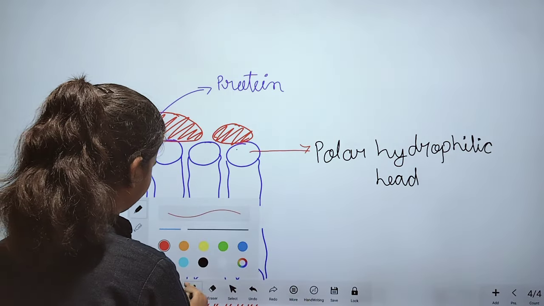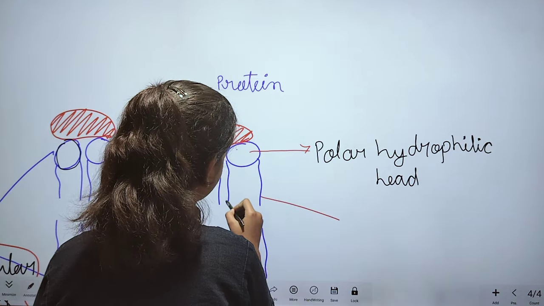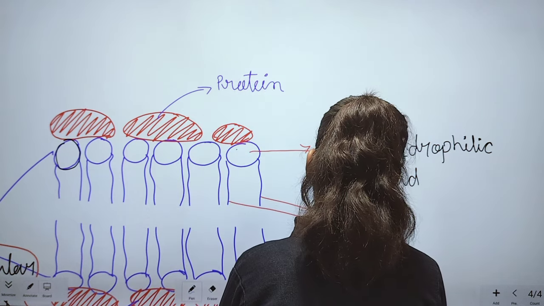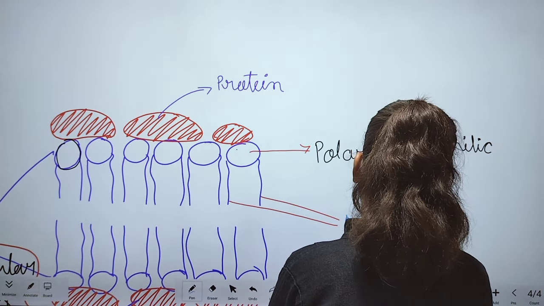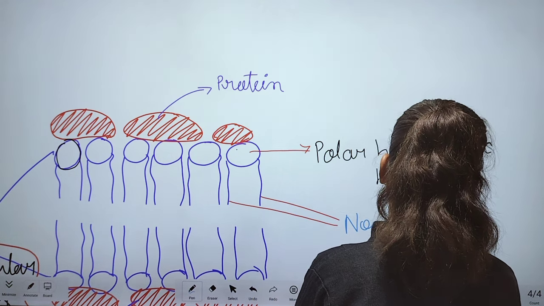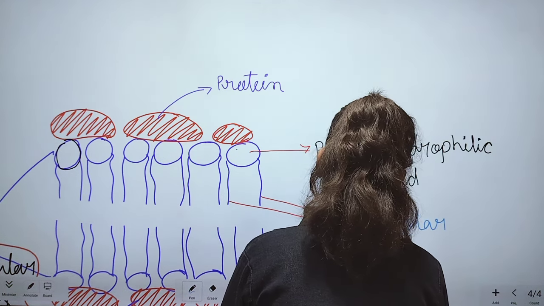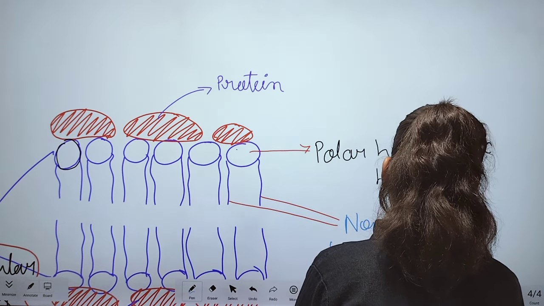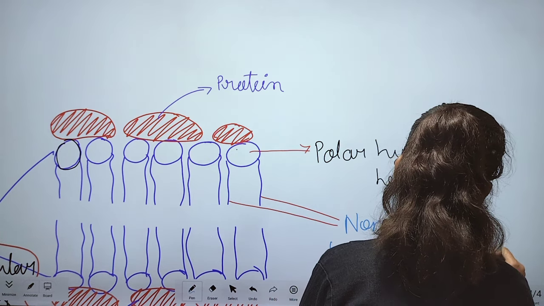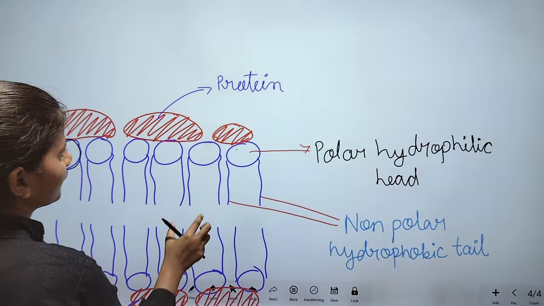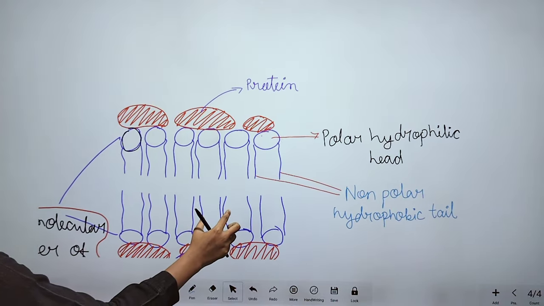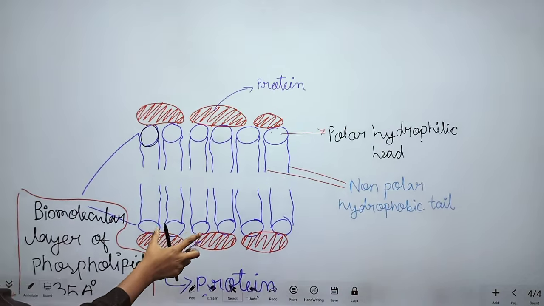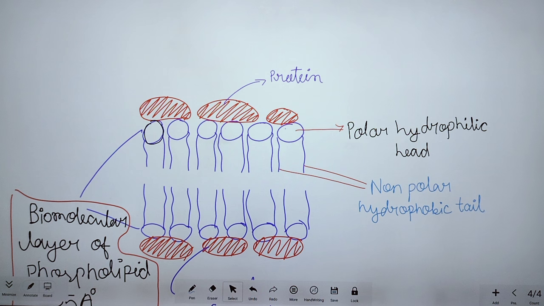And this is the non-polar hydrophobic tail. Now here you can see the figure of the plasma membrane according to the trilamellar model.